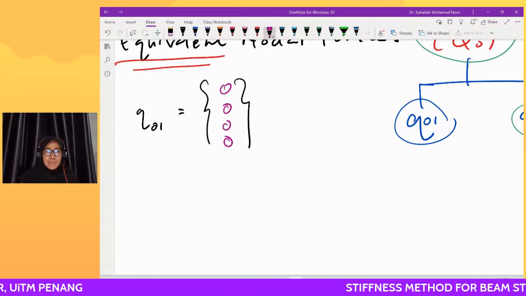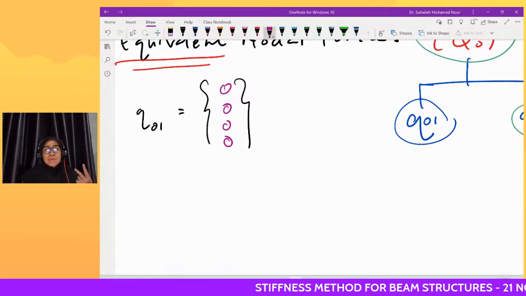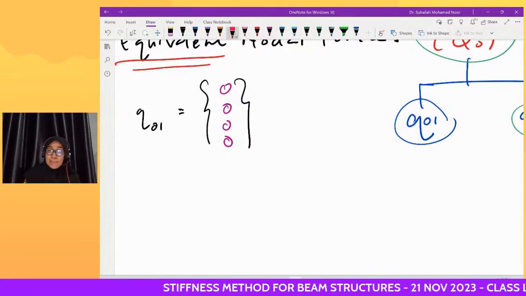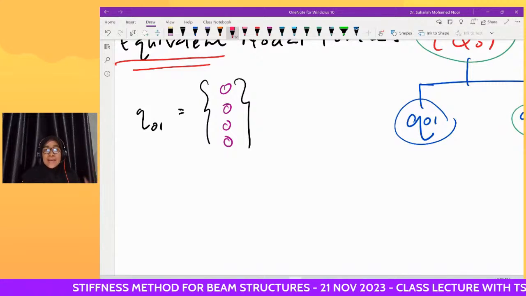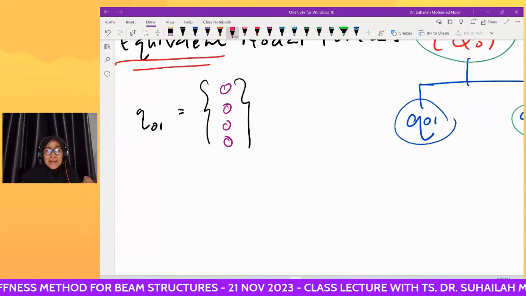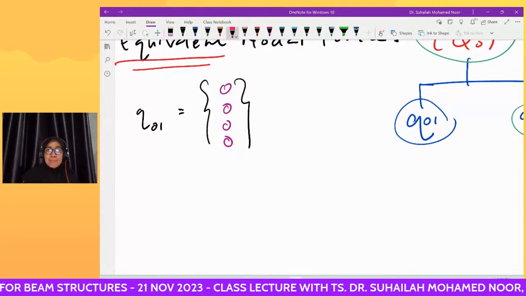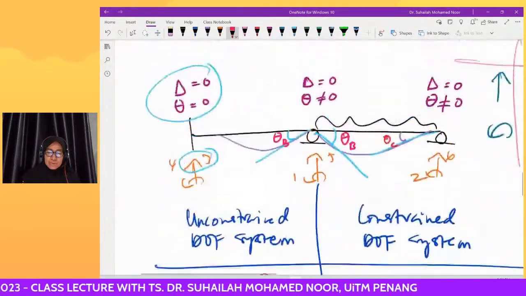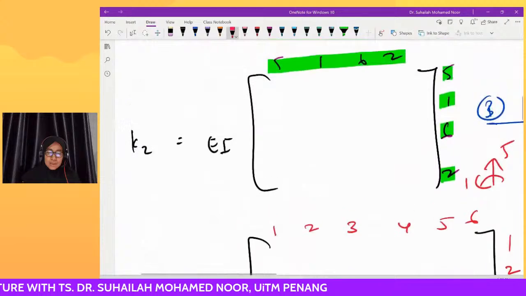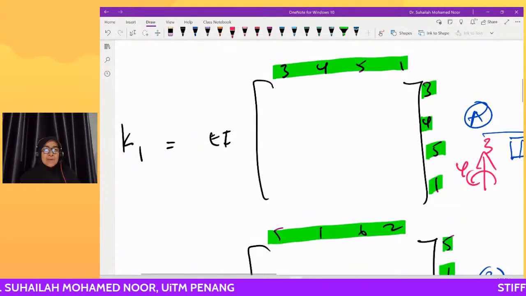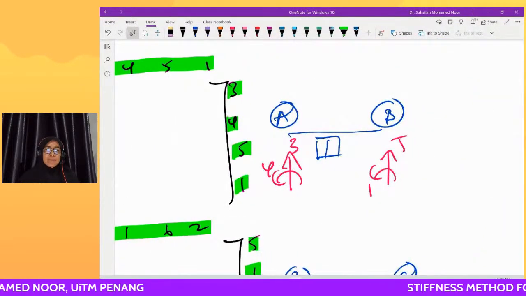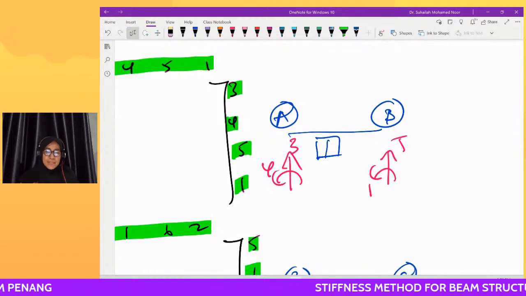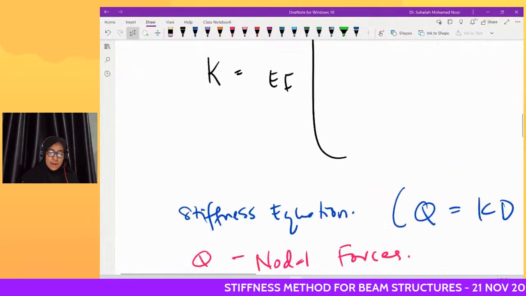Because it is for an element: one element, two nodes. So we label it the same as the K1 label, because it is element number 1. Refer back to this element number 1. It is 3, 4, 5, 1.